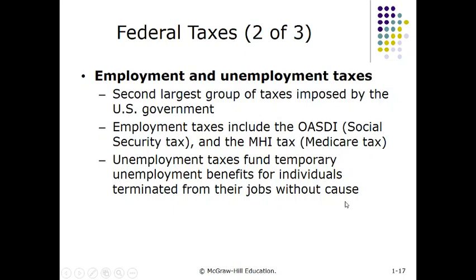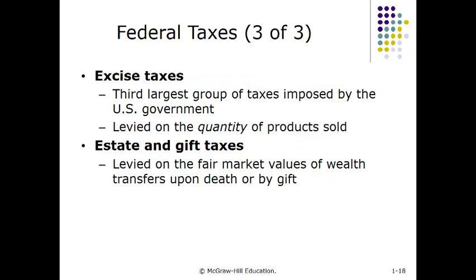Unemployment taxes fund temporary unemployment benefits for individuals terminated from their jobs without cause. So that's another form of tax. And that comes out of the employer's money, not yours. Excise taxes are levied on the quantity of products sold.